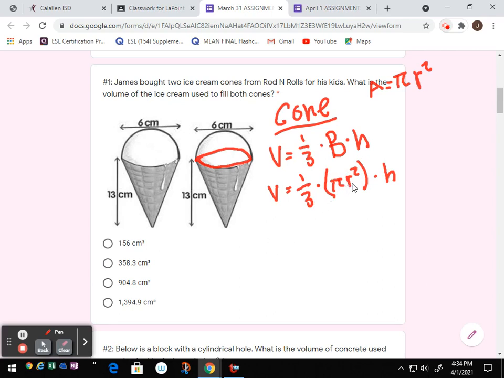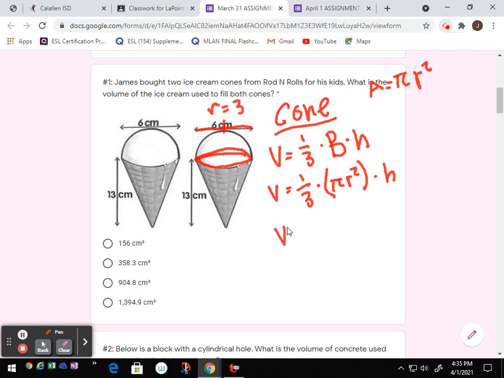So when we look at this volume formula, we know we need to find the radius and we need to find the height. We see that 6 right here is going from side to side of this circle. So that means 6 is our diameter, so our radius is half of 6, so our radius is equal to 3.